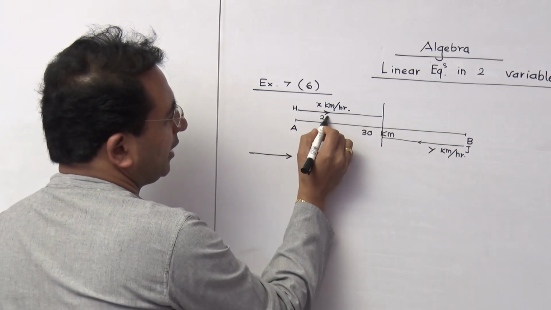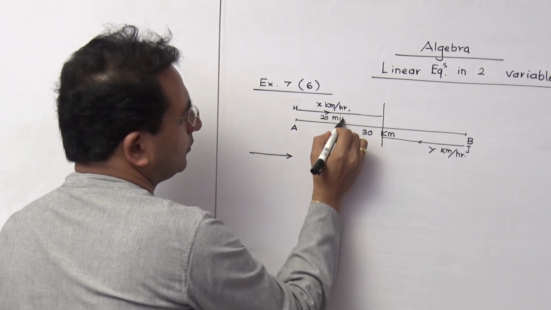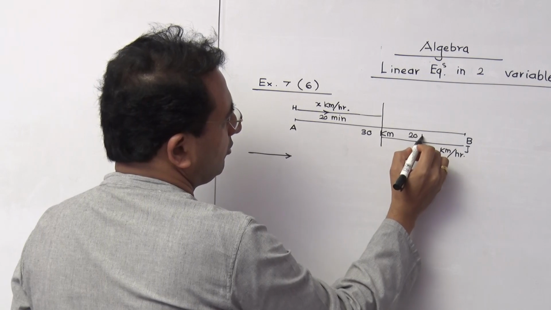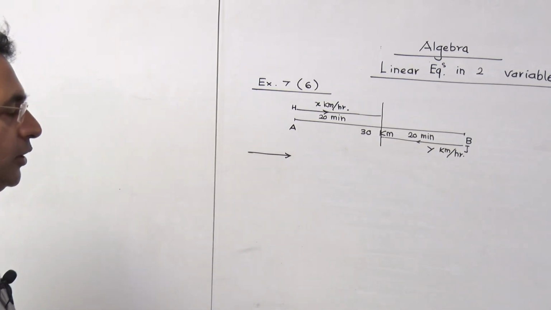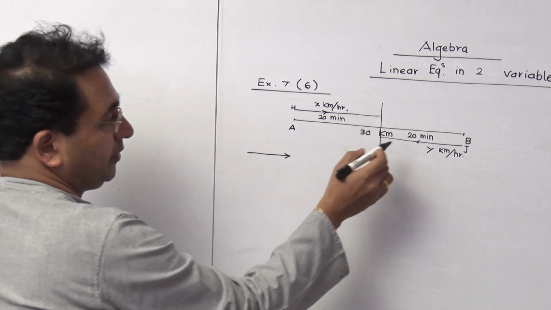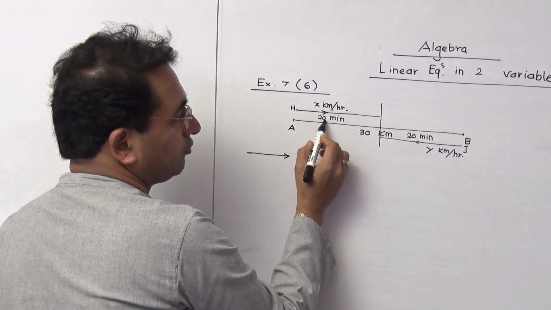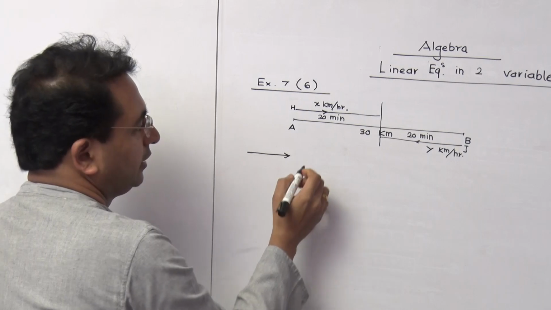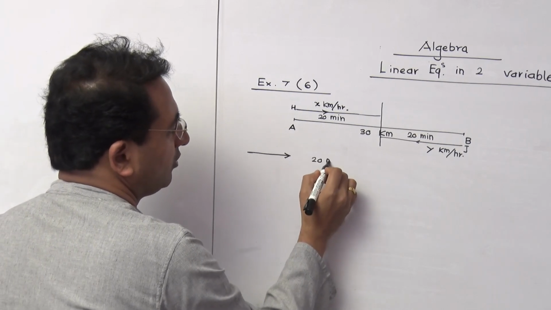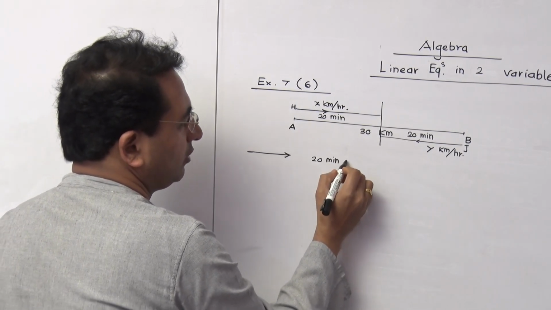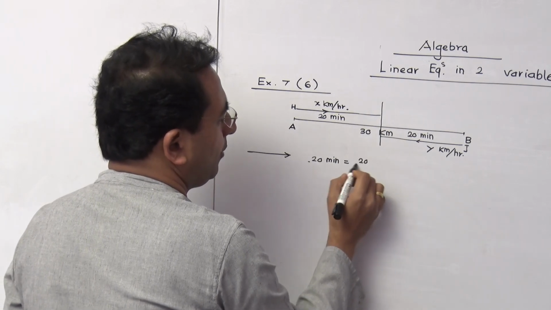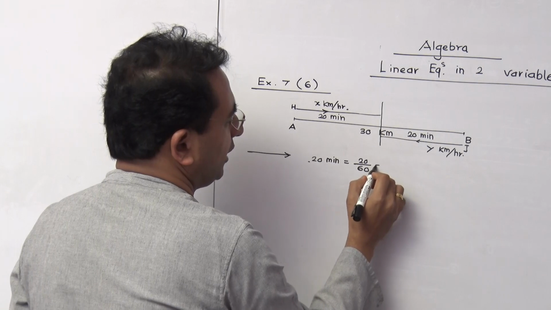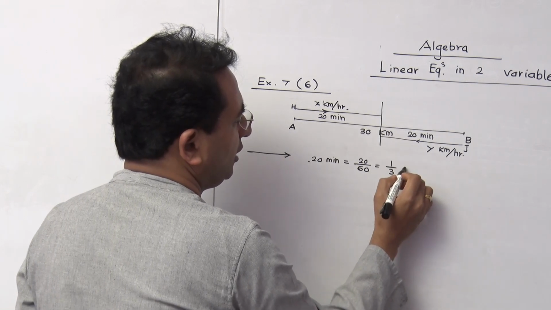Definitely here I am writing 20 minutes and here I am writing 20 minutes. Is that clear? Now after 20 minutes they are meeting each other. So we have to go ahead, because everything is calculated in hours. So 20 minutes means 20 upon 60, so that is going to be 1 upon 3 hours.